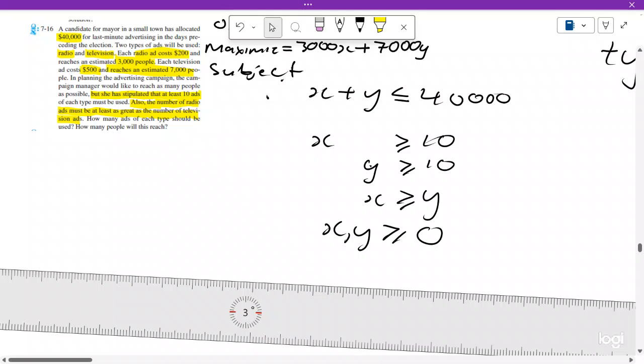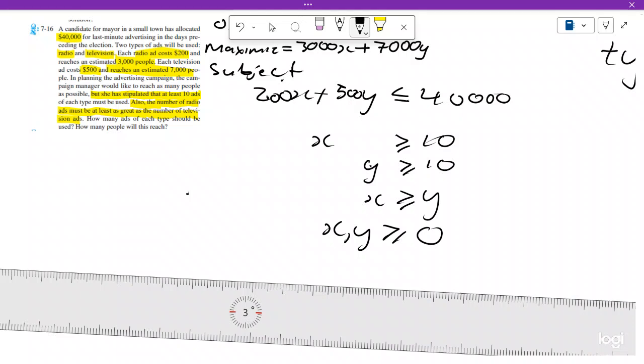So now I have to put the values here, the 200 here. I want to make an amendment here. I just forgot how I did it earlier. 200x plus 500y. Yeah, perfect.